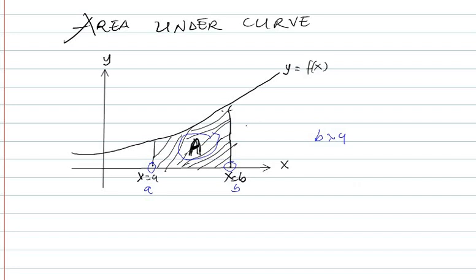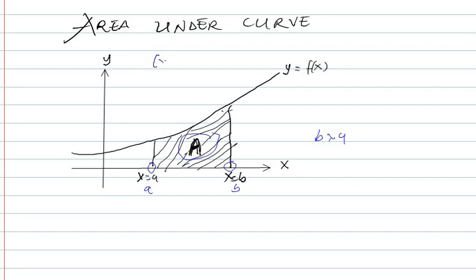To evaluate the area, you need to consider the total area between the same curve and the x-axis, from the left up to some arbitrary point on the curve with coordinates x and y.